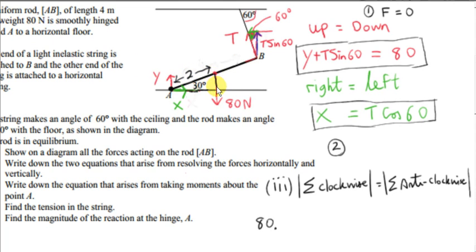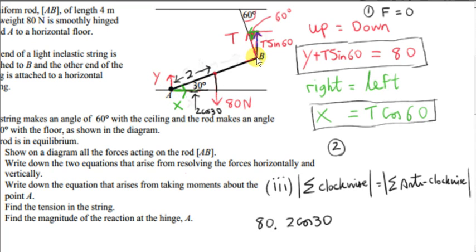So in this right angle triangle, we want the side adjacent to 30 degrees, so we multiply the hypotenuse, which is 2, by the cos of 30. So this distance here is 2 cos 30 degrees. So we multiply 80 by 2 cos 30 degrees. And the 80 Newton force is the only force that has a clockwise moment about the point A.